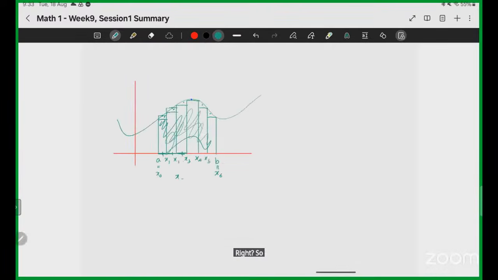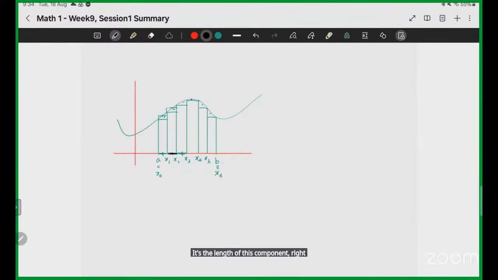So if I do x2 minus x1, it is just, so let's erase all these things now. Let's keep this guy. For example, x2 minus x1 would be this. It's the length of this component, right?